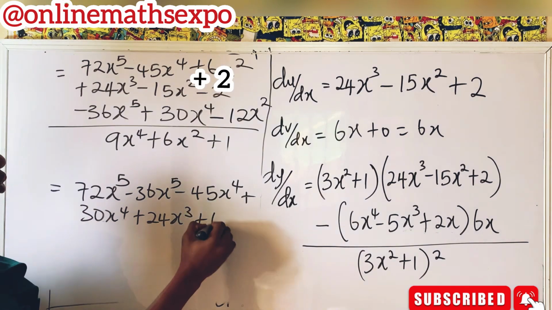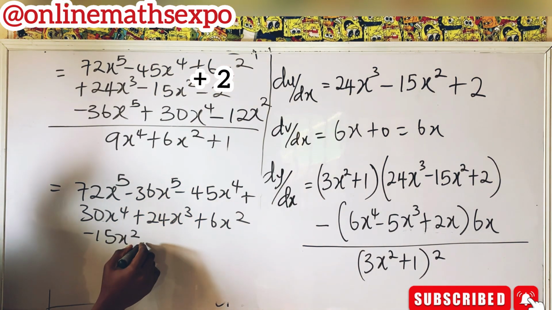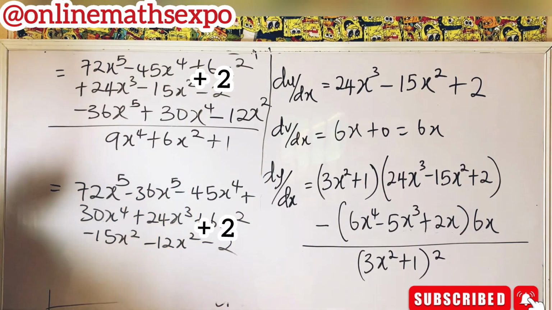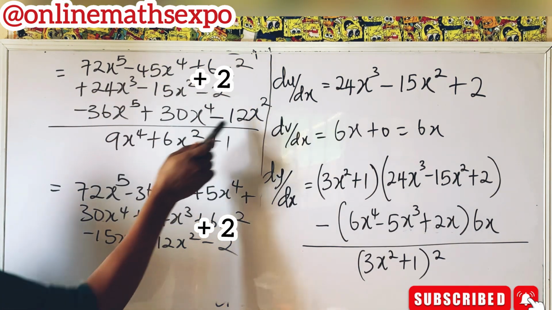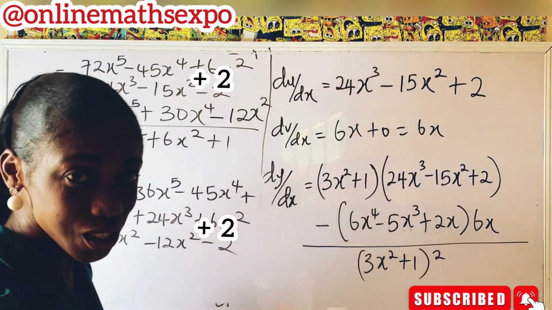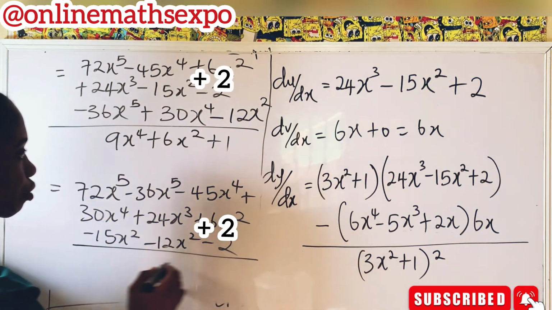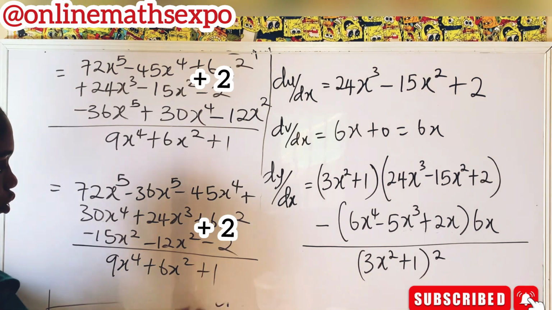Followed by squared. We have 6x squared minus 15x squared minus 12x squared and minus 2. Now let's check if we are still in order. 1, 2, 3, 4, 5, 6, 7, 8, 9. 1, 2, 3, 4, 5, 6, 7, 8, 9. We are in order. Some students do omit. So be careful, okay? All over 9x to the 4th plus 6x squared plus 1.